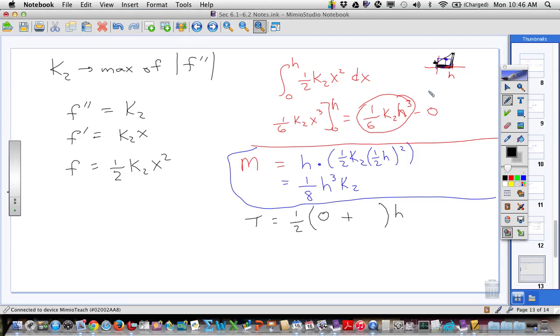And then for this one, I plug an h in, so that'd be 1/2 K2 h squared. That would be my one trapezoid. So let's simplify that a little bit, and so that'd be 1/4 K2 h cubed. With me? Okay, so that's one trapezoid.